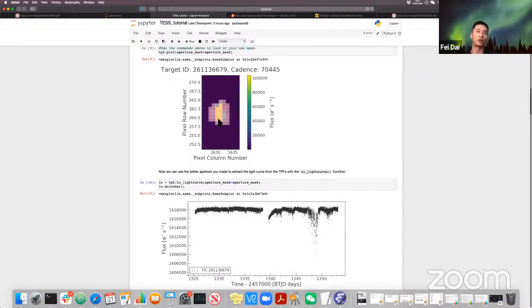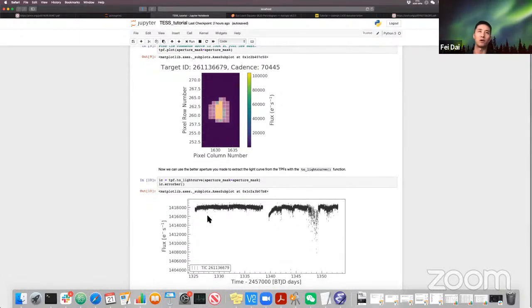So the data actually contains many plots like this, each of them separated by 2 minutes. For each of the plots, you can sum up the pixels in this aperture to represent one data point here. And if you do this for all the plots across time, then you can measure how the brightness of the star changes.